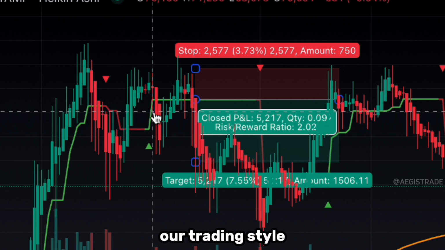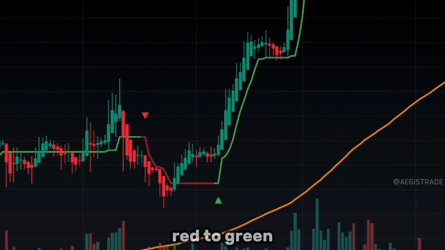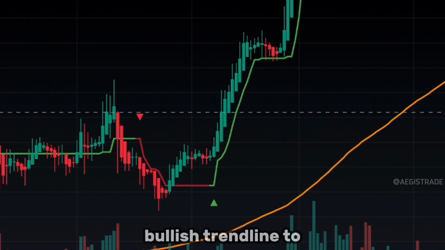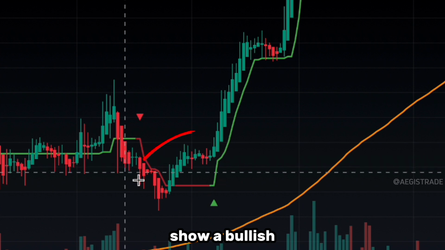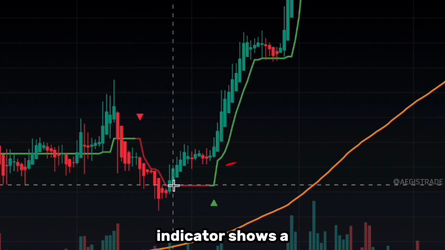For an uptrend bullish reversal, it is also the same: the Heikin Ashi candlestick turns from red to green. Next, the chart manages to break the red bearish trend line to show a bullish reversal momentum. And also the next triangle indicator shows a confirmation of reversal.